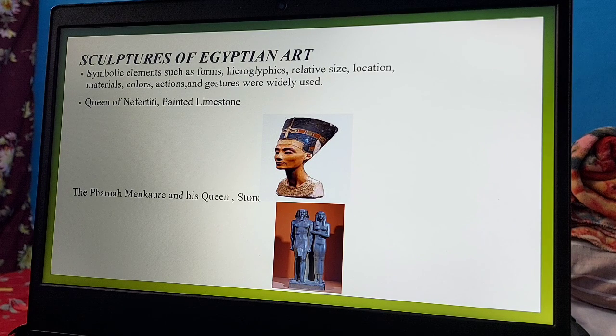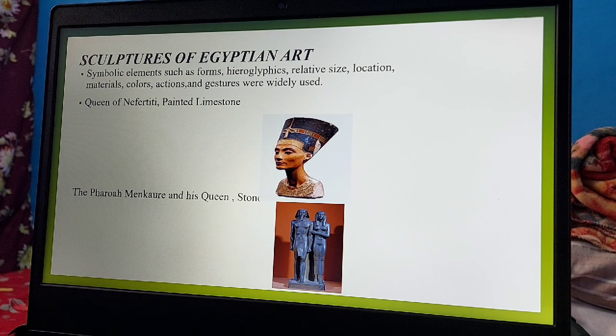The second one is the Pharaoh Menkaure and his queen, sculptured with stone. So here, class, the characteristics of the sculptures in Egyptian art are that they are more on symbolisms, heavily used to represent the gods. They were represented as composite creatures with animal heads on human bodies.